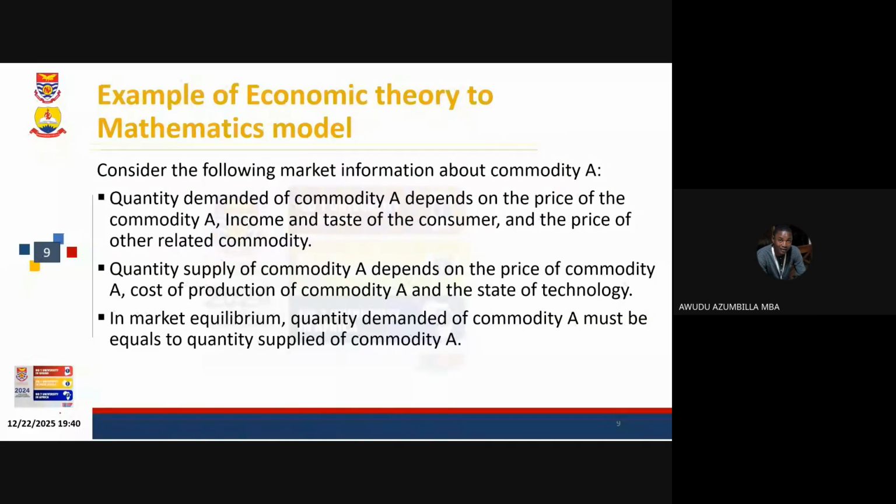Now the next ideology is that the quantity supplied of a commodity A depends on the price of the commodity, the cost of production of the commodity, and the state of technology. This is also coming from ideology.